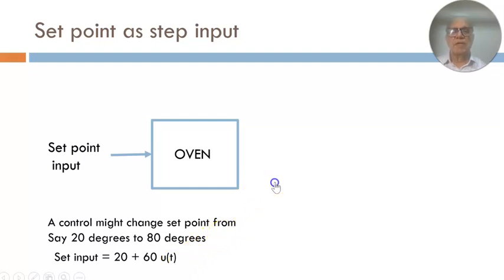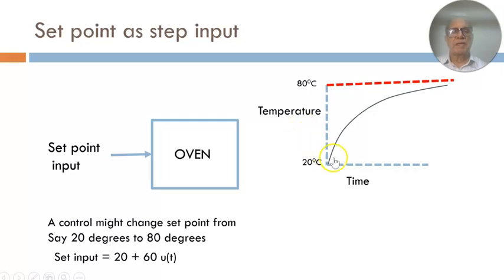We want to see. So if you plot time versus the temperature of the oven, you find that at t equal to 0, it was 20 degrees. You suddenly provide a step input which takes it to 80 degrees, but the temperature doesn't immediately change. It takes a certain amount of time.